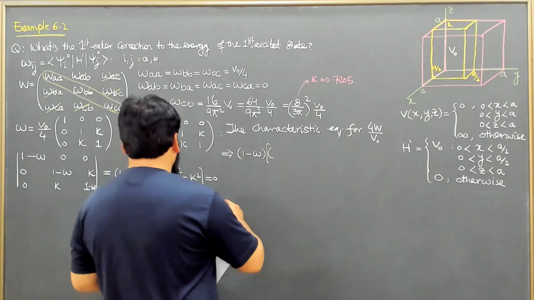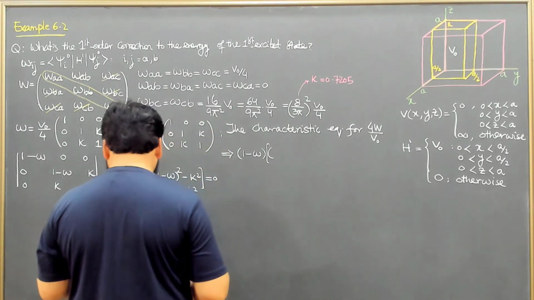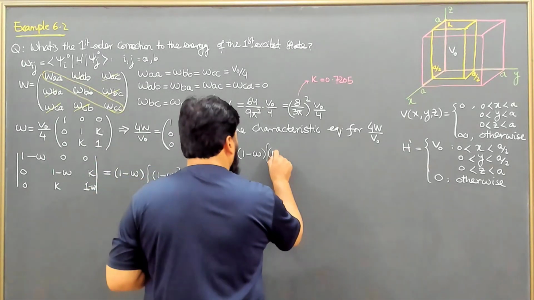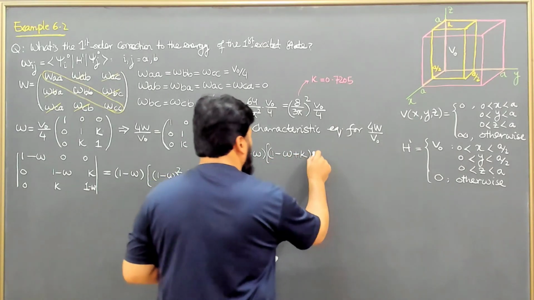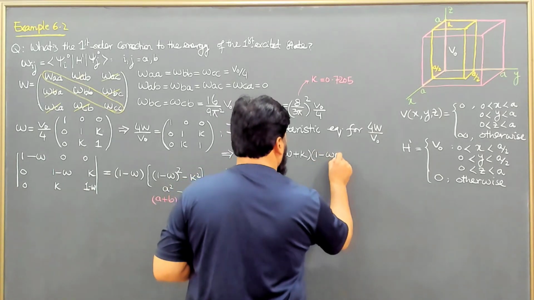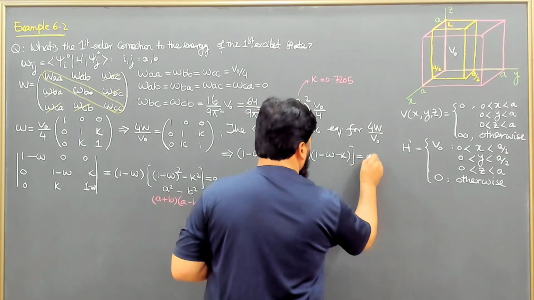So a plus b will be (1 minus w plus kappa)(1 minus w minus kappa), and this is equal to 0.